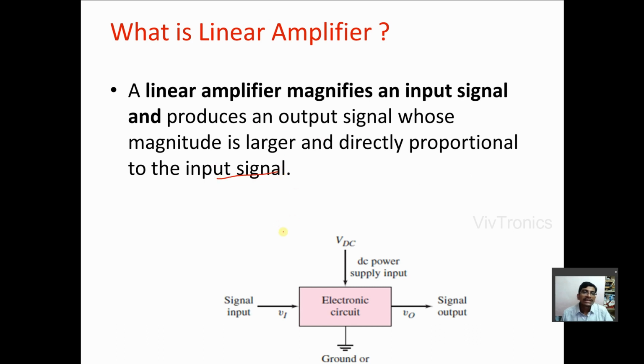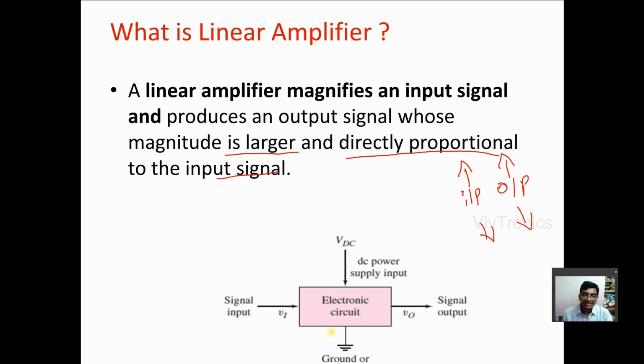So here the magnitude of the output signal is larger than the input signal and is directly proportional to it, which means that if the input is increasing, the output is also increasing. If the input decreases, the output is also decreasing. That type of amplifier is called a linear amplifier.